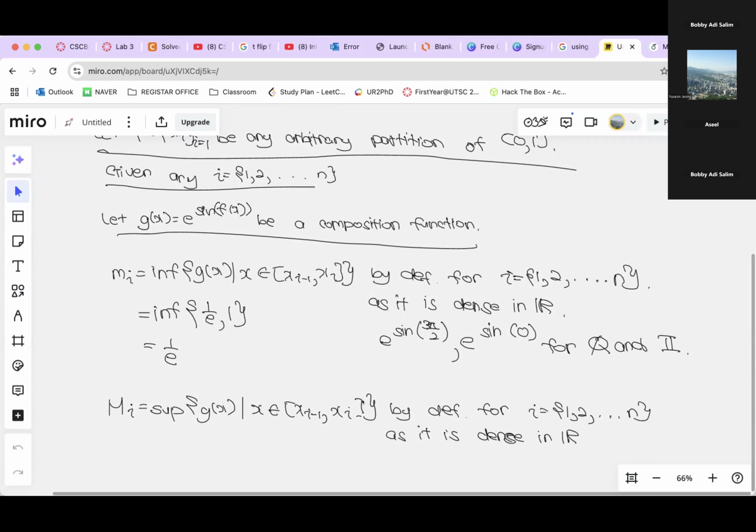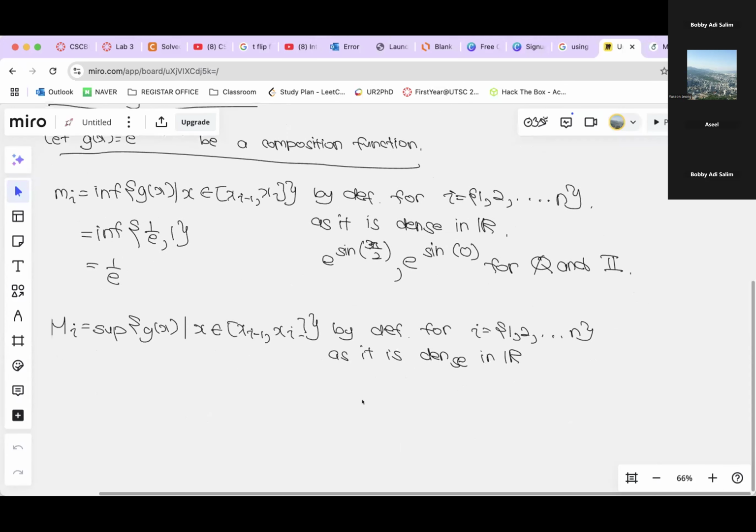It's important to place that it's dense. That's the reason why it's like this. And then we place the same thing over here again: e sine of 3 pi over 2 for q, e sine of 0 for q irrational. So here again, we have the supremum of 1 over e and 1. So what's the bigger value in here now? It's going to be 1. So we place in here 1.